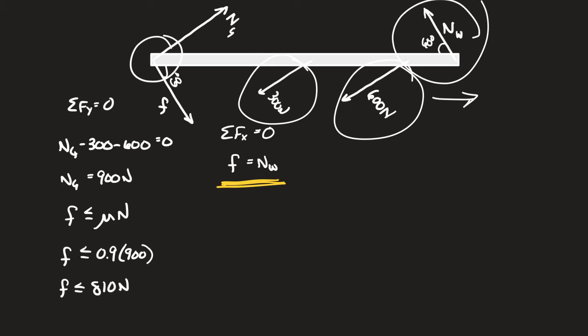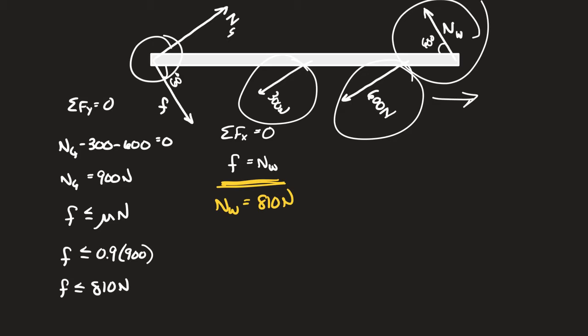If the friction is a maximum and the normal force has to equal the friction, then the biggest normal force I can have is 810 newtons. I can't have a normal force that's bigger than that. That is my limit, which means the wall can only push back with 810 newtons.